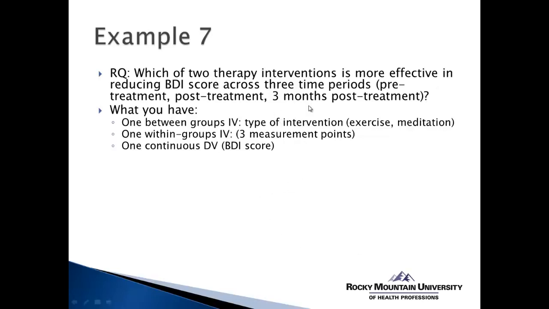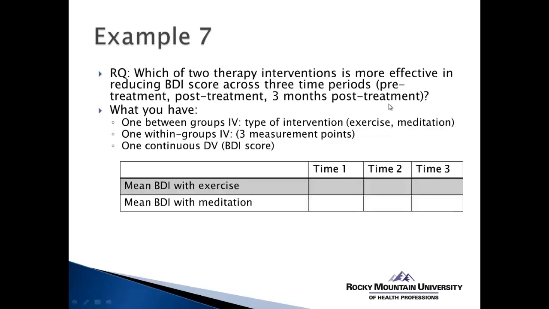One group of people receives exercise, another group receives meditation, so that would be two groups compared to each other. And then we have one within groups independent variable: our 3 measurement points, pre, post, and 3 months post-treatment. And we still have one continuous dependent variable, our BDI score.